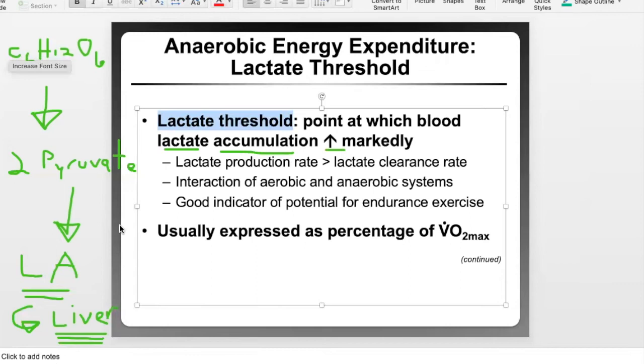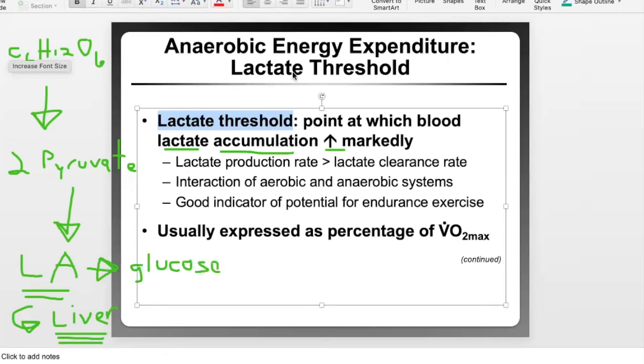Now, the faster that this process happens and the faster the liver can change the lactic acid back into glucose using gluconeogenesis, the better. And this process is going to happen much faster for somebody who is trained versus untrained.